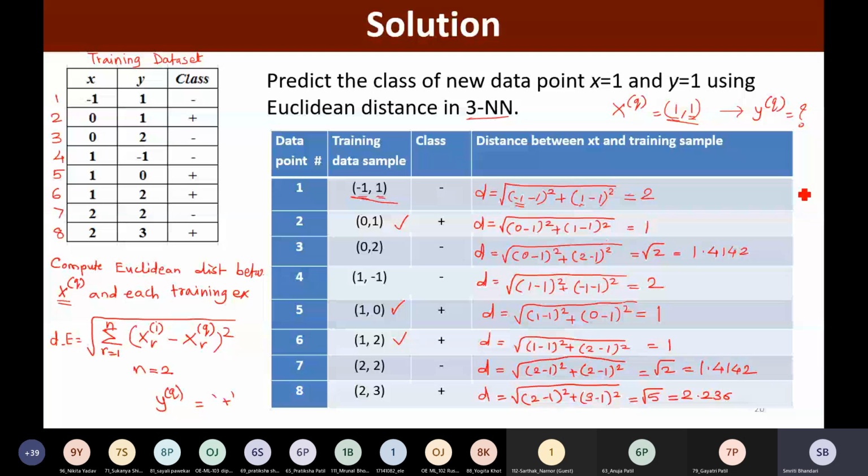Now please tell me, if I am making use of 5NN, then what would be the class? If I am making use of 7NN, then what would be the class? Yes, for 5NN, what would be the class?